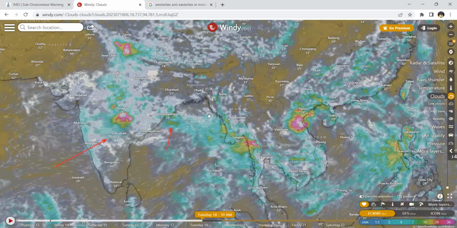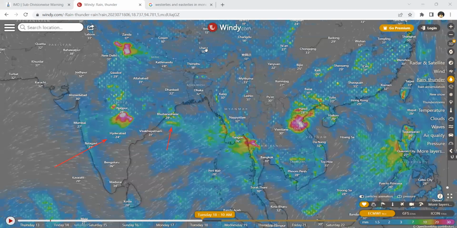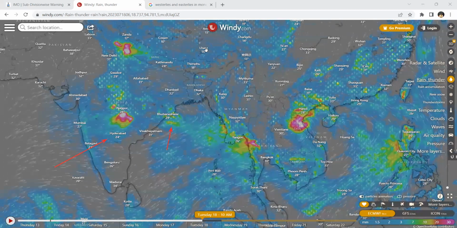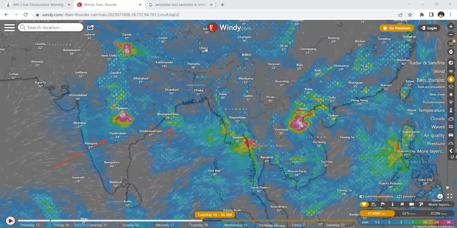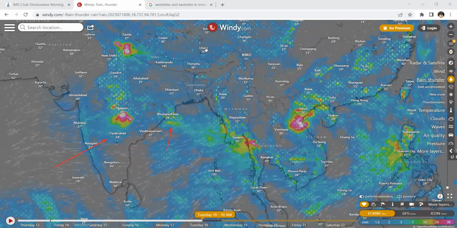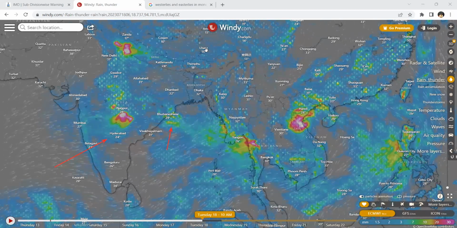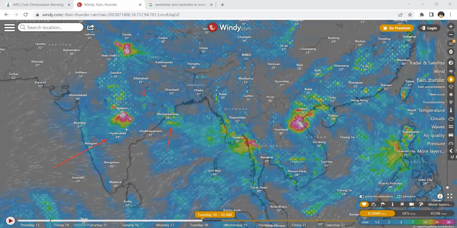So that means these regions will be raining heavily starting from 17th, Monday. I mean, late evening of 17th, Monday, for 2-3 days. This can prolong up to 18th, 19th. Then we should see how the cyclone further progresses to understand how the rainfall progresses.